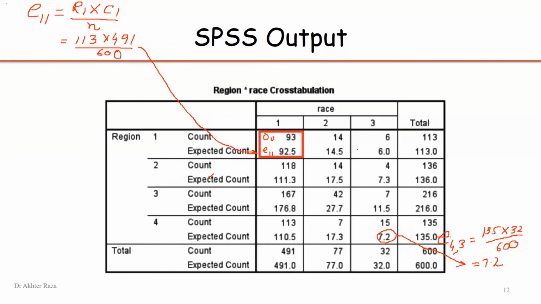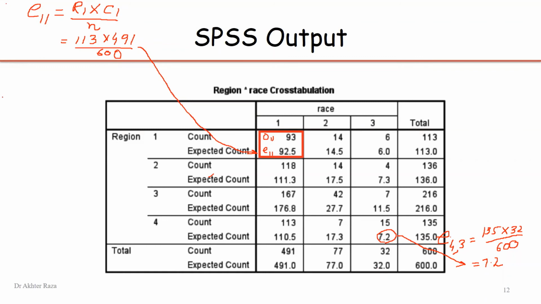All of the expected counts are larger than 1, and all are greater than 5, so there is no need of merging the rows or columns. It means all the observations in the data set are assumed to fulfill the assumptions of the chi-square test of independence.